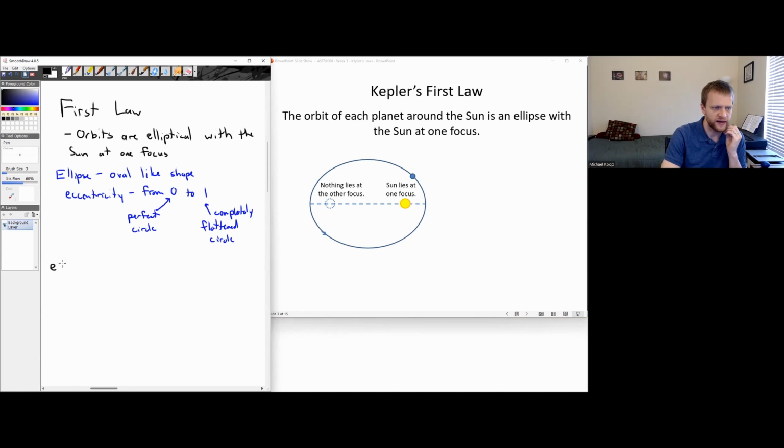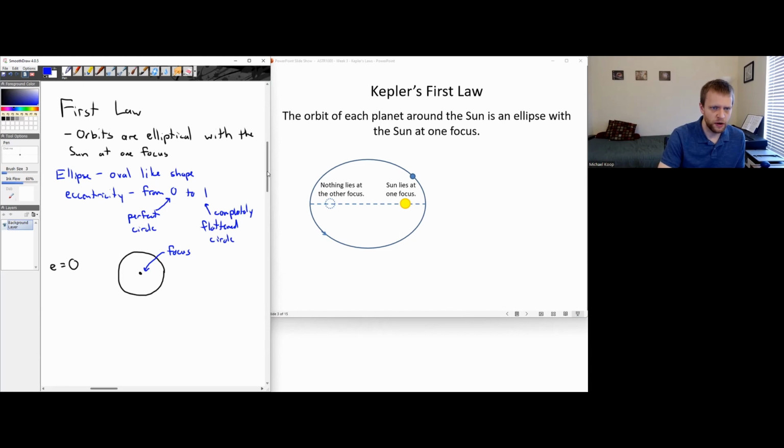So if we have an eccentricity of 0, then our orbit is going to be a perfect circle. This is probably the limit of how close I can get to a perfect circle. And the focus would be right at the middle. So this would be the focus. Technically, there's 2 focuses, foci, but in the case of a perfect circle, they're so close together that they basically overlap.